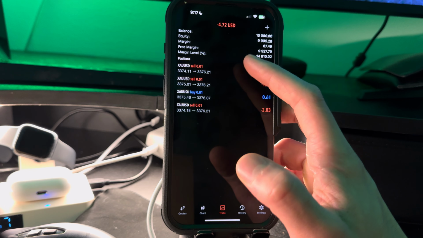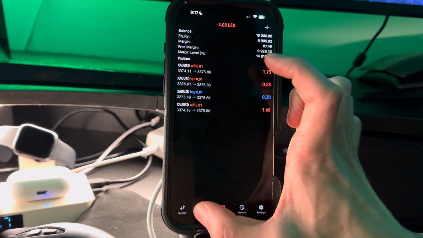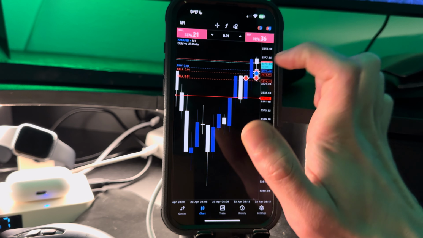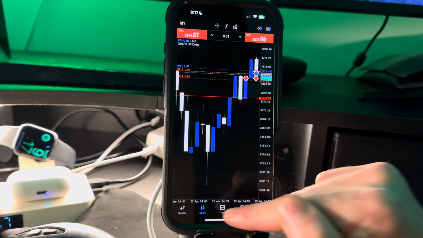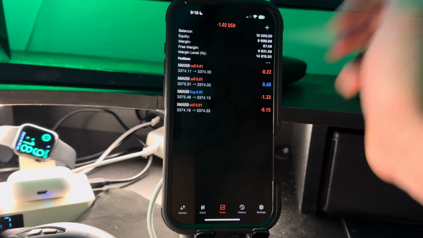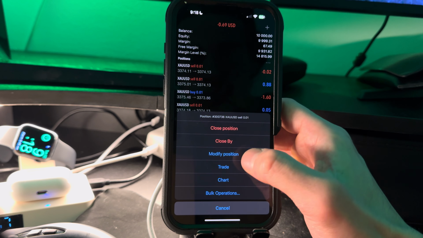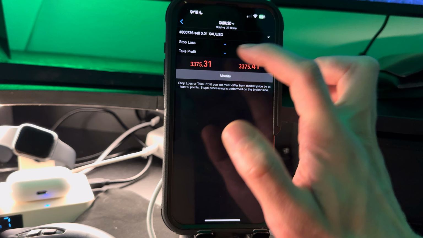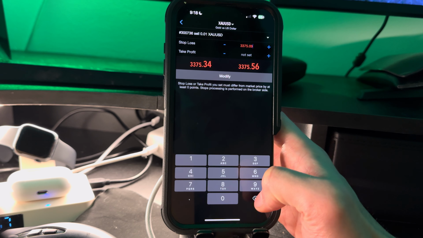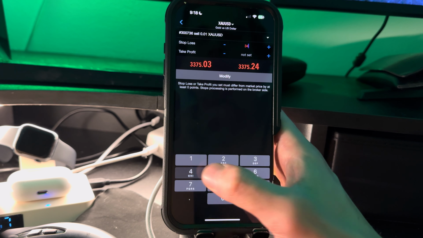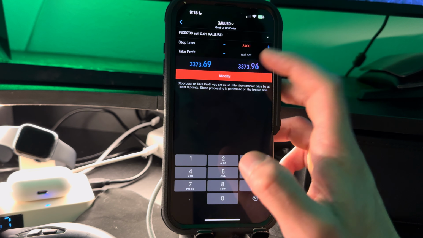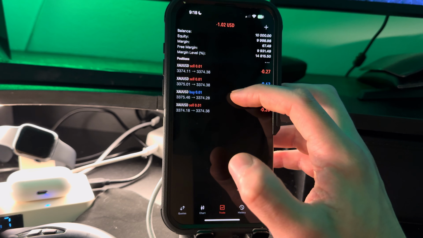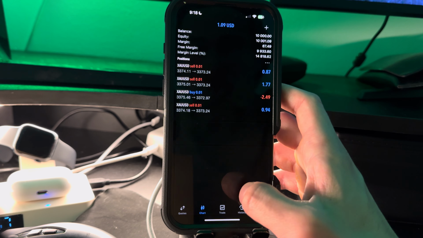The thing about this tap to trade, guys, is that you don't have the stop loss set yet. So the second after you buy or sell, you go to trade and you modify the position. Look, no stop loss. Put in that 3,400 that you have there, not 3,700, 3,400, for the buy.